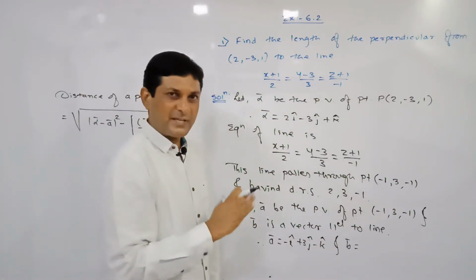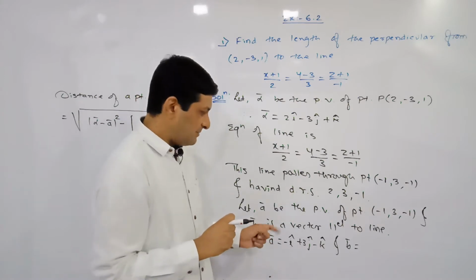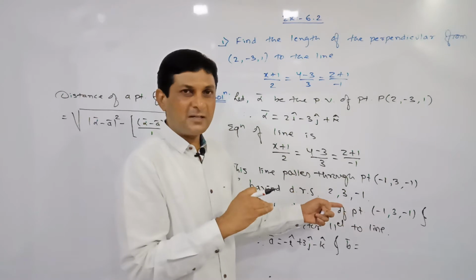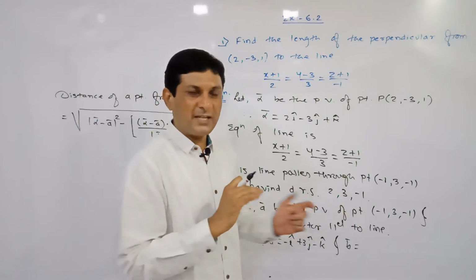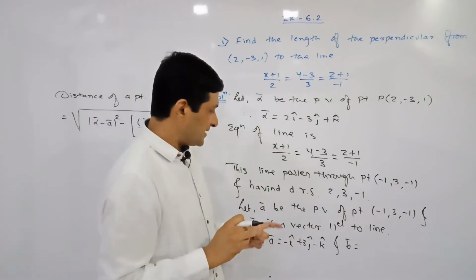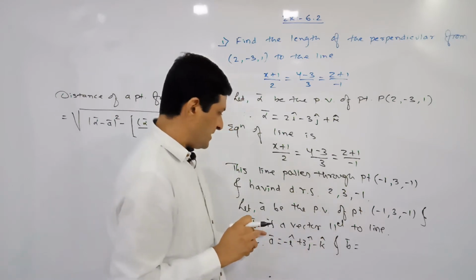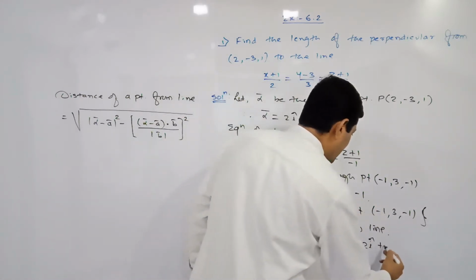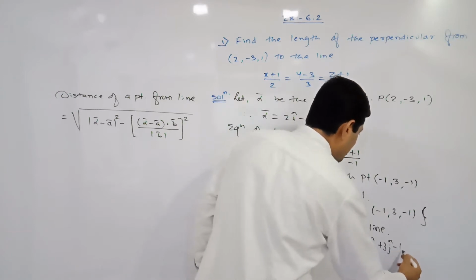Vector along the line, or we can say vector parallel to the line. If direction ratios of the line are known to us, from that we are able to find the vector along the line. Here that vector we have denoted by b bar. So the value of b bar will be equal to 2i cap plus 3j cap minus k cap.